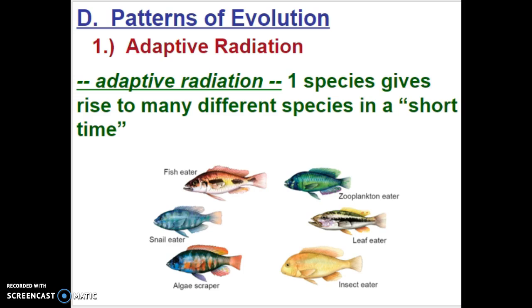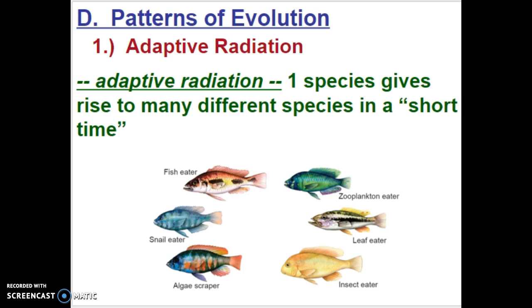Patterns of evolution, how we can see how this is shaped, either by current modern life or by ancient life. Adaptive radiation. Adaptive radiation is where one population species gives rise to many different species in a fairly short amount of time.